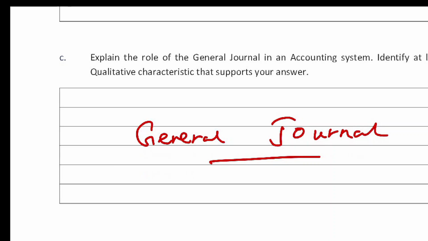I won't ask you the answer for the general journal, but what do you think about the characteristic that supports the general journal? Verifiability? Any other answers?